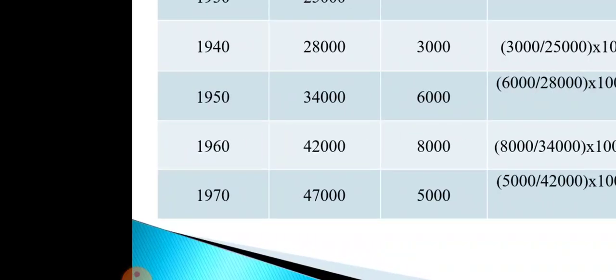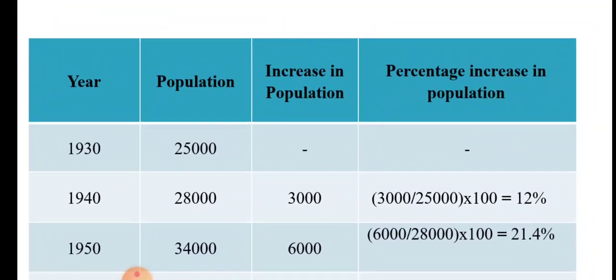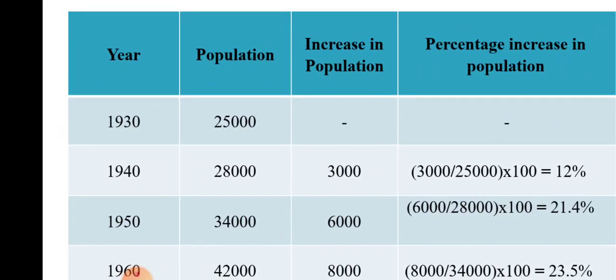So how do we compute the percentage increase in the population? In the year 1930 the population is 25,000, and in the year 1940 the population is 28,000, so for that decade the increase in population is 3,000. By how much percentage has the population increased from 1930 to 1940?